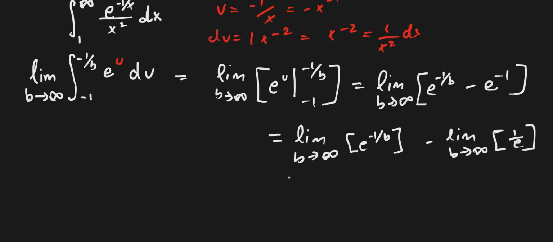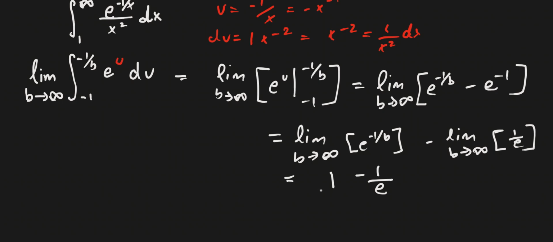So as b goes to infinity, negative 1 over b is just going to become 0. So e to the 0, anything to the power of 0 is just equal to 1. That's nice. So this is just going to be 1 minus 1 over e.